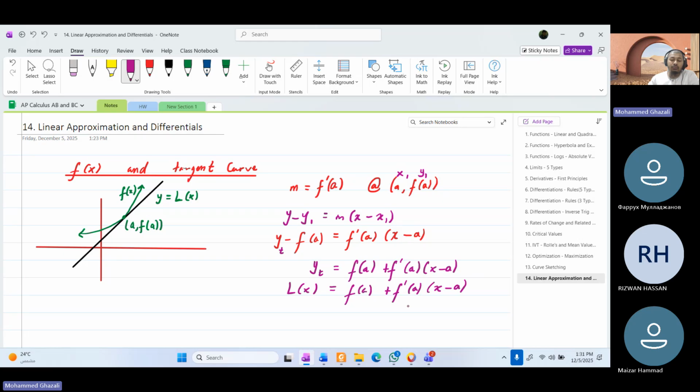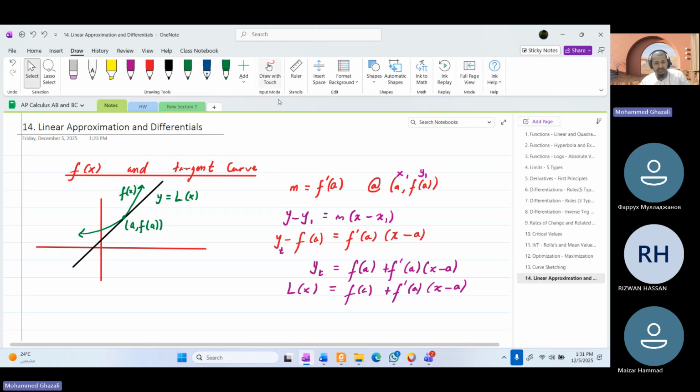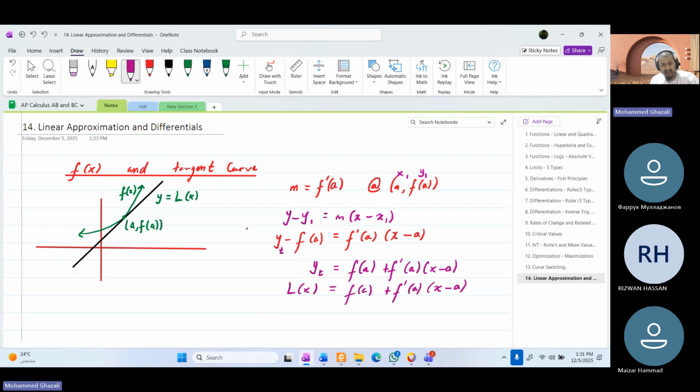Okay, now how does this help us? What is L of x? L of x is basically a linearization, or in short, the linearization of f at x equal to a.